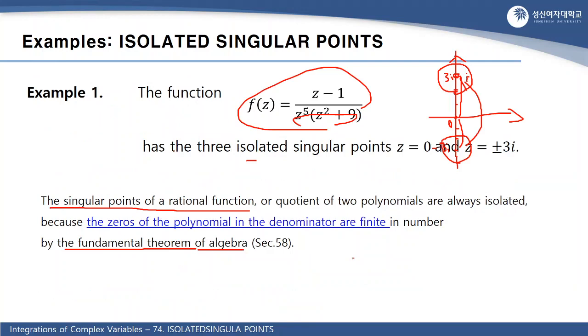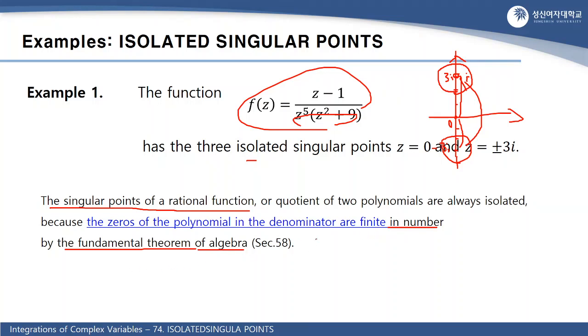So we go back to the example here. The zeros of the polynomial in the denominator are finite in number. We have just checked it by the fundamental theorem of algebra.